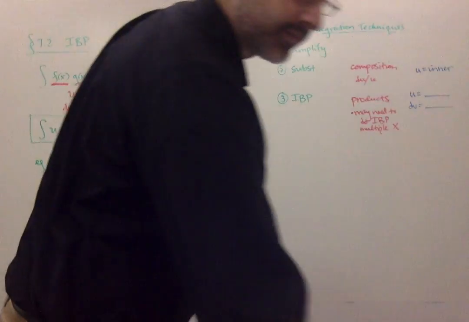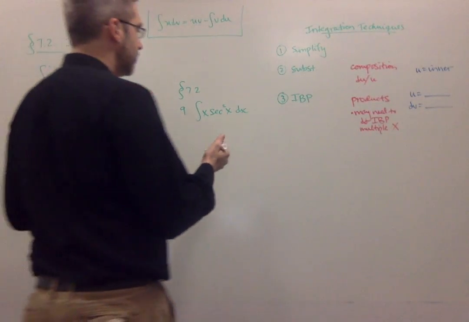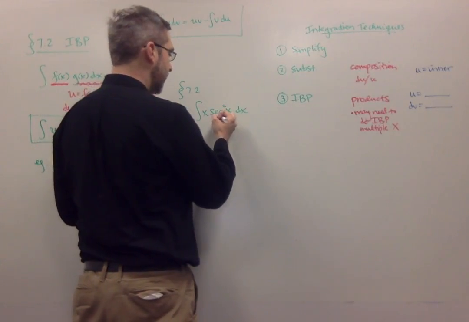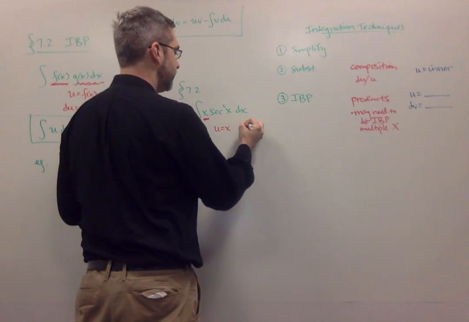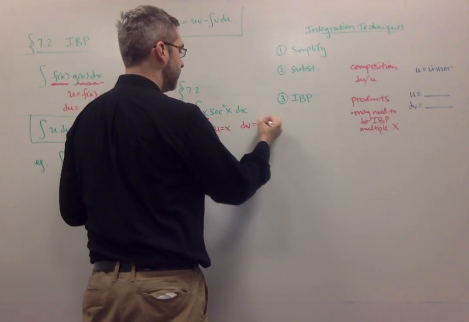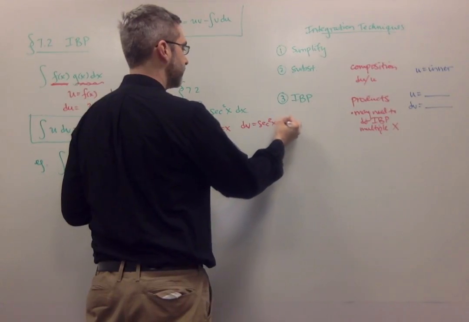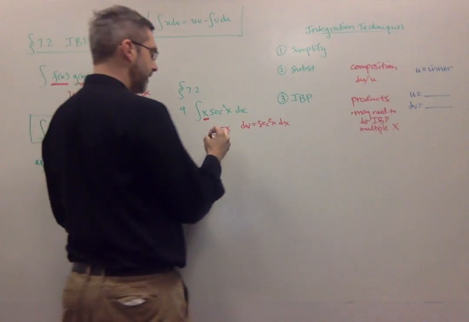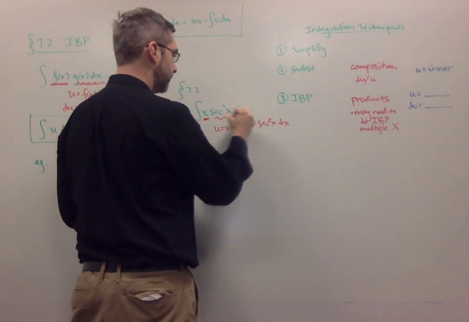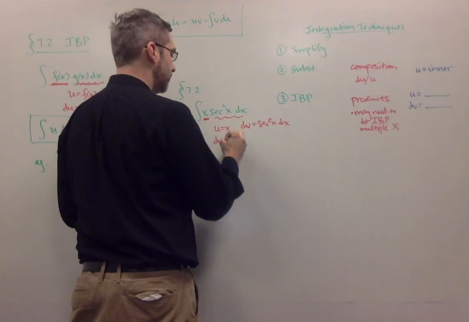Now here, for number 9, I would actually let u be x and dv be secant squared. The reason is that thinking through that choice, du would be dx.